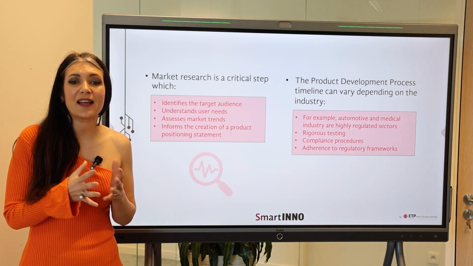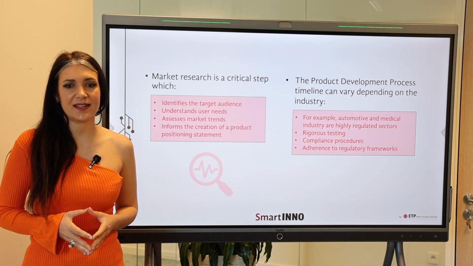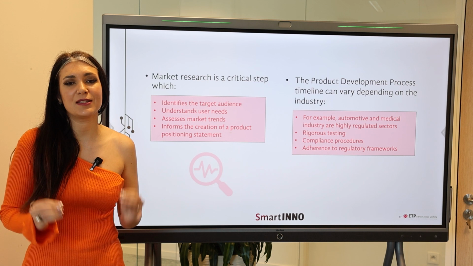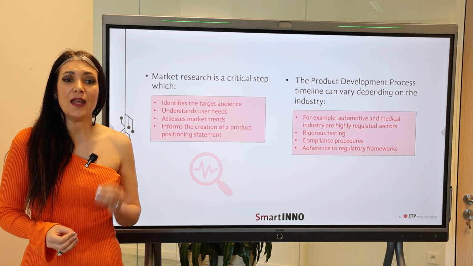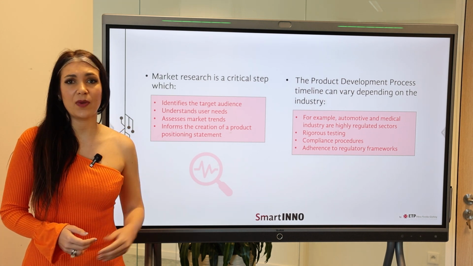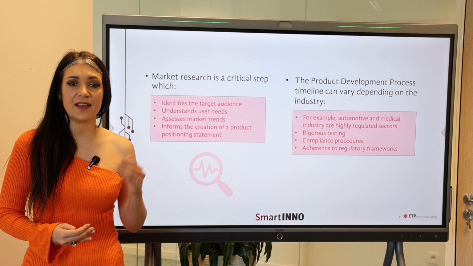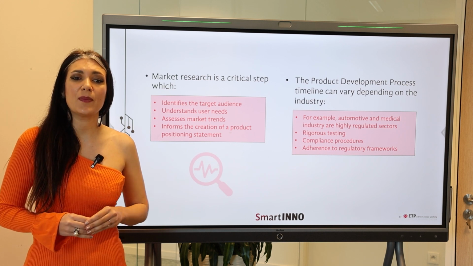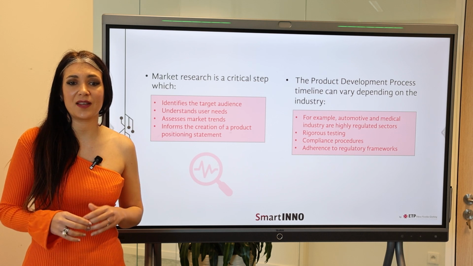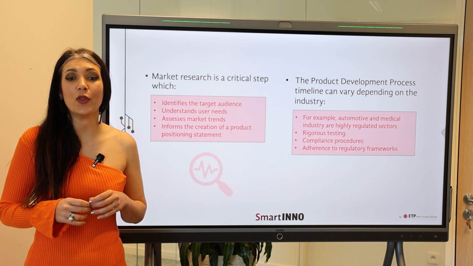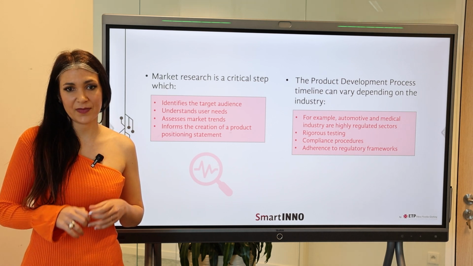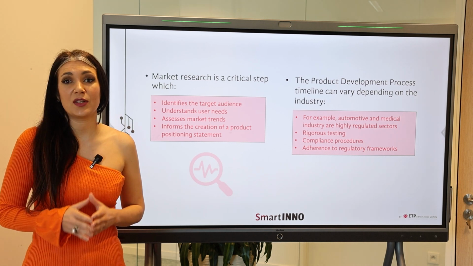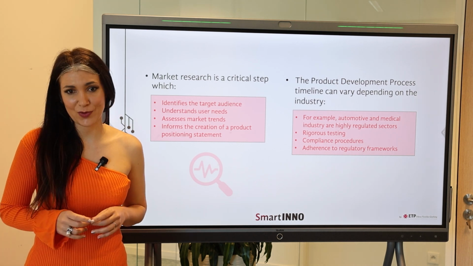For sectors like automotive or medical textiles, the process is much longer and more demanding: rigorous testing, strict compliance procedures, and adherence to regulatory frameworks. So developers must adapt timelines and processes depending on the sector they target. And that's really important when bringing a product to the market.